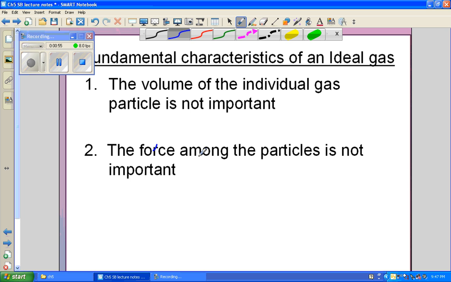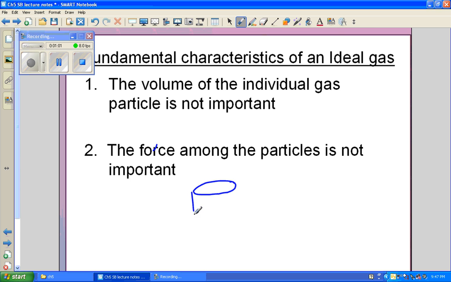Now, the other thing that you want to think about is, I have a container of water that is going to be boiling. These gas molecules are moving very, very fast. And when they gain enough kinetic energy, they want to bust out of this situation and become a gas.